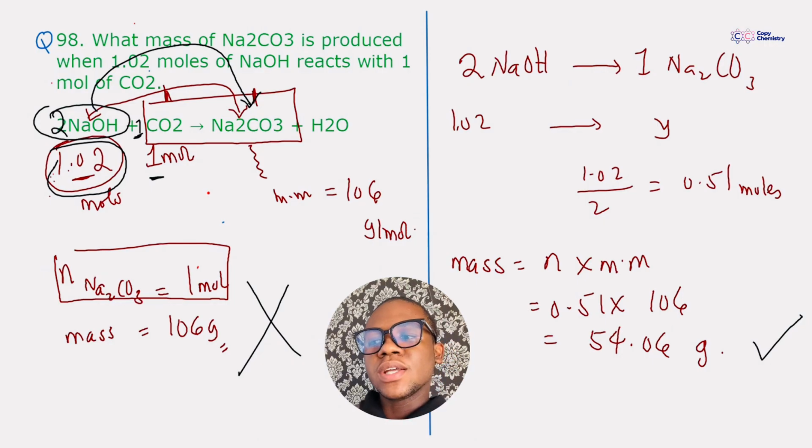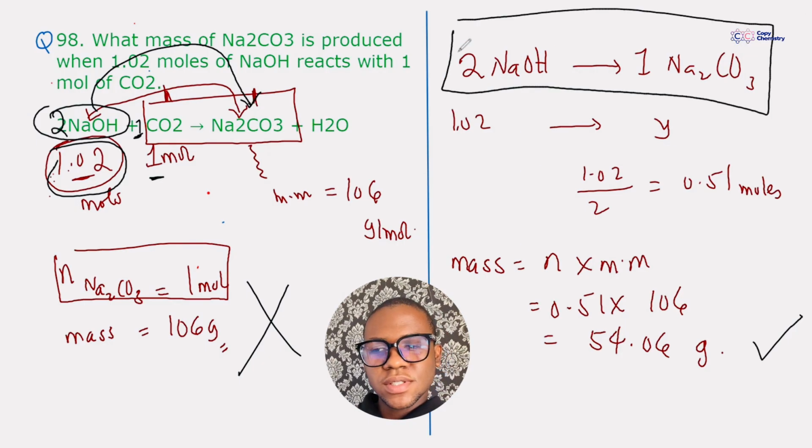It's going to get used up first. Maybe we should not call it rate, but it seems as though it would last longer that way. But anyway, you get the point. The smaller ratio there is your limiting reagent. So the NaOH is the limiting reagent, and I must compare this and this.